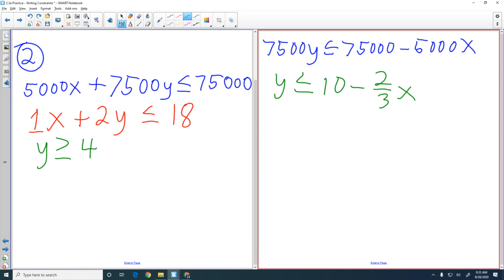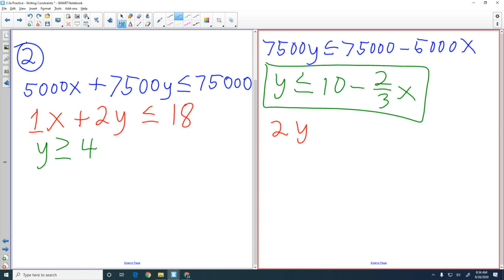Instead of 75,000. Can you imagine counting up 75,000 lines on a coordinate plane to graph it? That'd be ridiculous. So that's our first inequality. The second one, dealing with the security guards, we're going to subtract 1x from both sides.